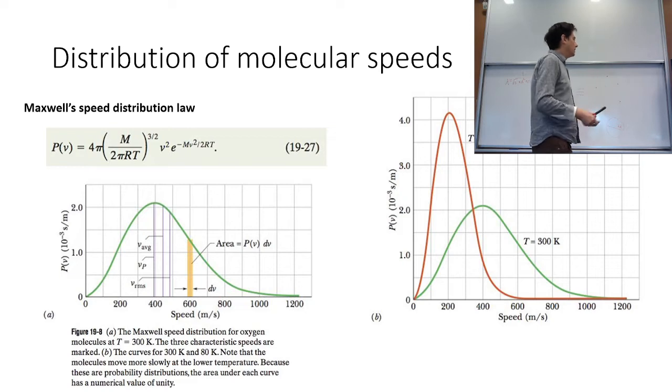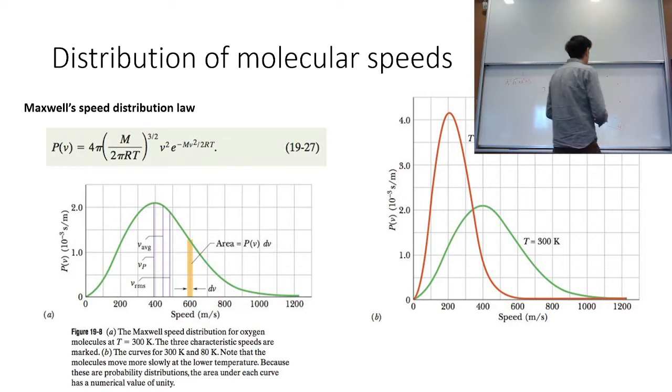Because it's continuous, I did say that this is the probability, but strictly speaking, the actual probability will be that formula within a particular range, v min to v max.